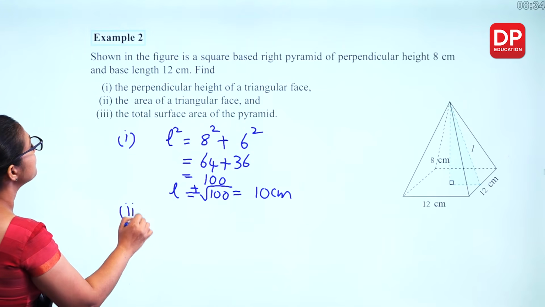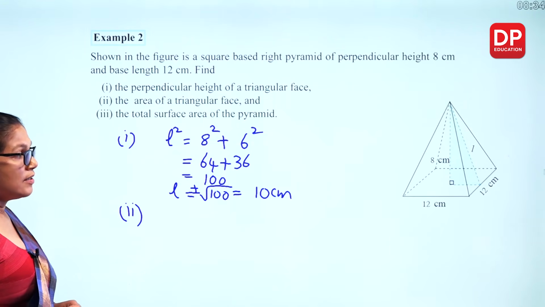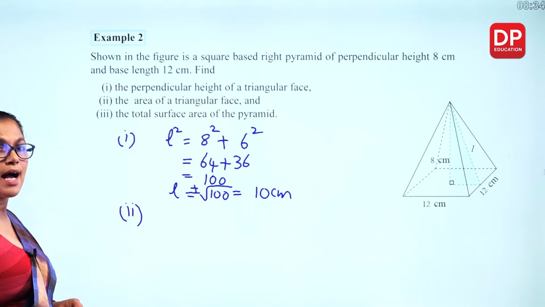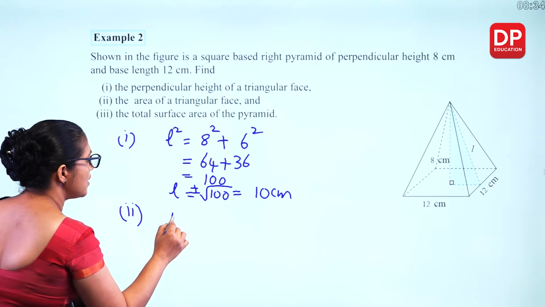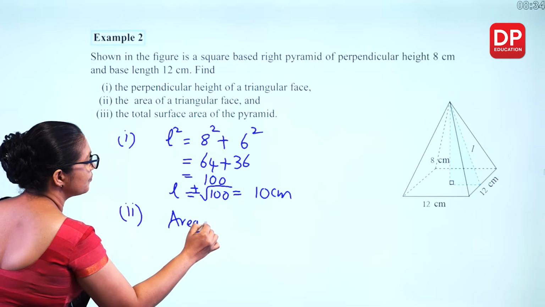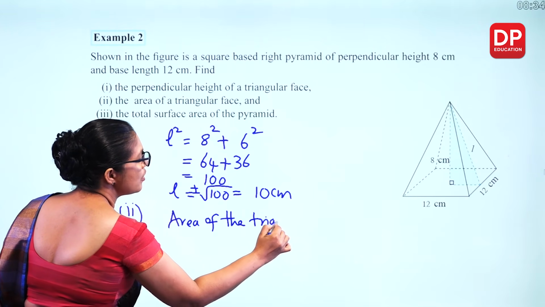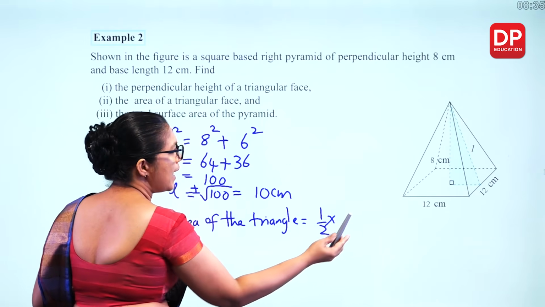Second part, the area of a triangular face. So we need to find out the area of a triangular face. So what's the formula for area of a triangle? Half times base times height. So area of the triangle, you can use half base length.